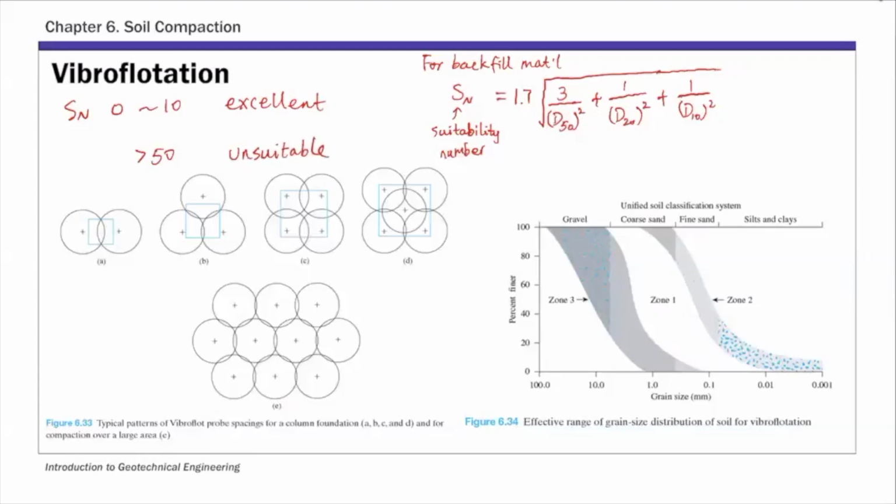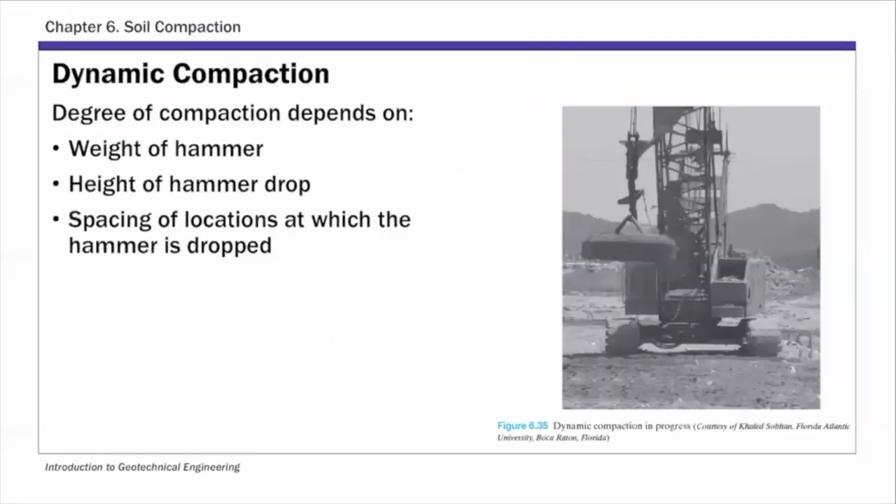So that's vibroflotation. And the next one is dynamic compaction. So for dynamic compaction, this is actually a pretty simple process. It's shown on this picture here. So what you do during this dynamic compaction is you lift a heavy weight, a heavy hammer to a certain height, and then just drop it.